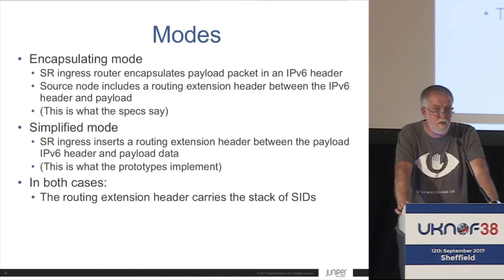And I think the reason that the standards say do the encapsulating mode is not just because the IPv6 freaks are throwing their weight around. It's a more sensible approach. Anyway, in both cases, the extension header carries a stack of SIDs.